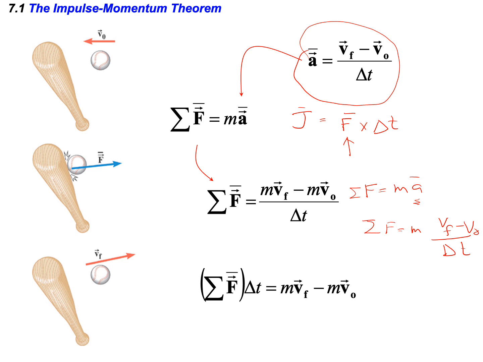If I rearrange this equation, F times delta t is equal to mass times v final minus v naught.